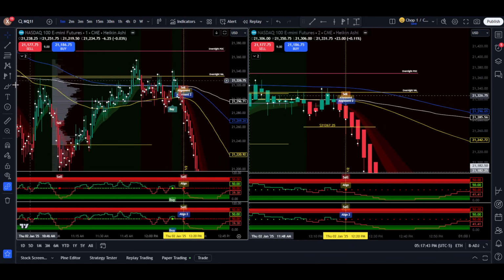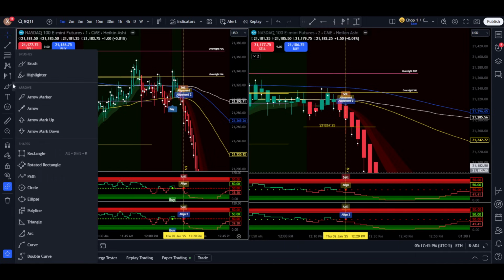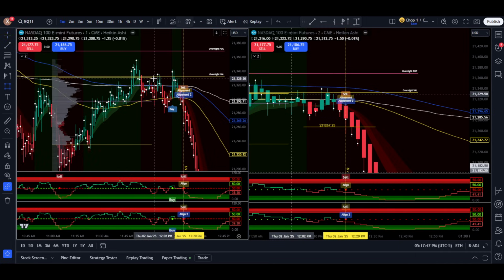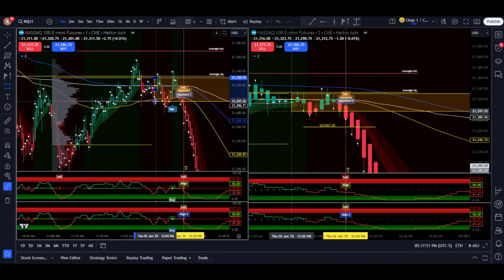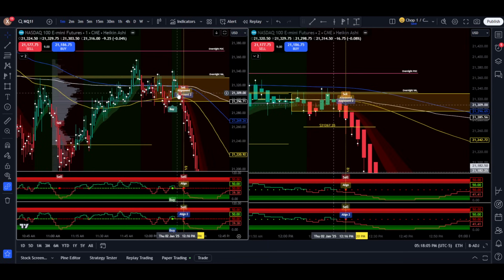I'm going to draw from the top of the value area high of that 11 a.m. to 12 p.m. volume profile to the POC. As you can see, we bounce, and then look to the right here.